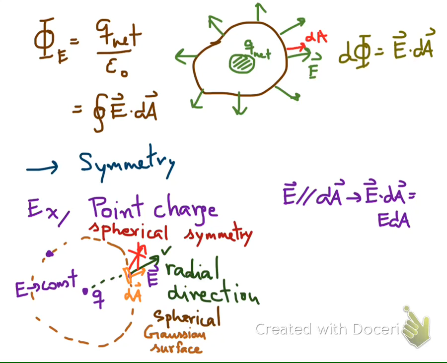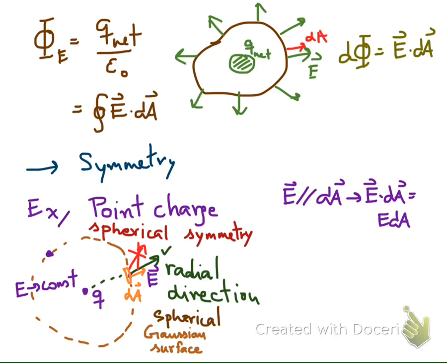As I mentioned before, when we look at E at this point or at this point, which are on the same spherical Gaussian surface, we should not expect to see much difference. And since the distance from this point to Q and this point to Q are equal, we should expect that E is constant.